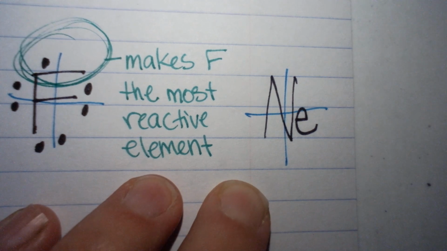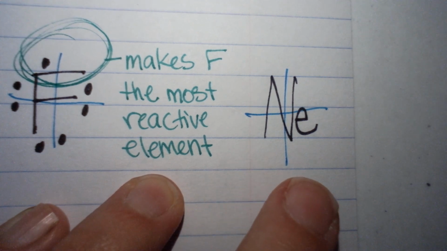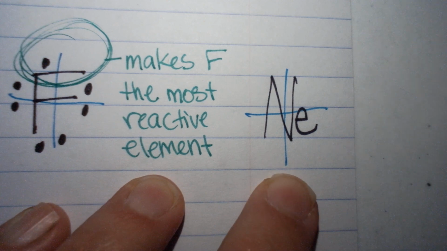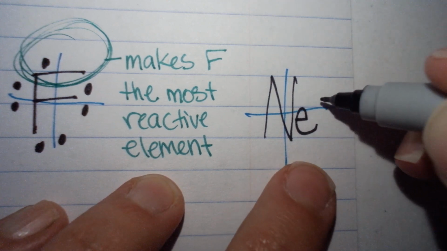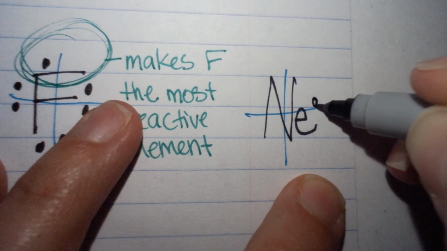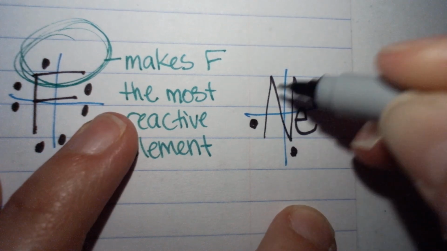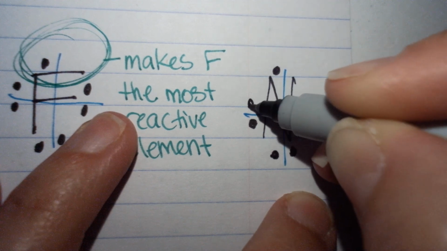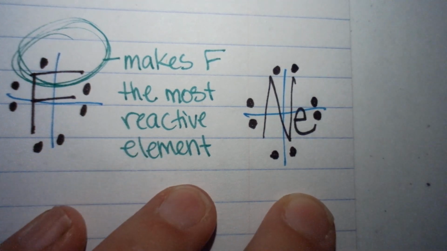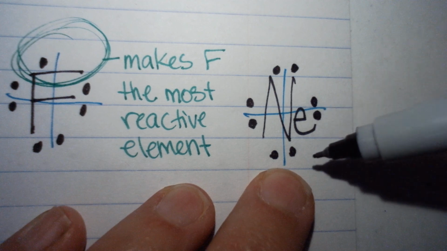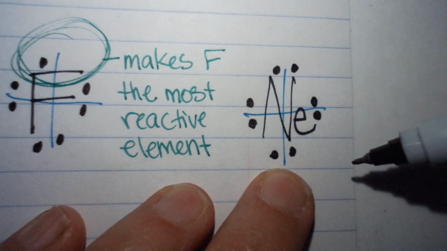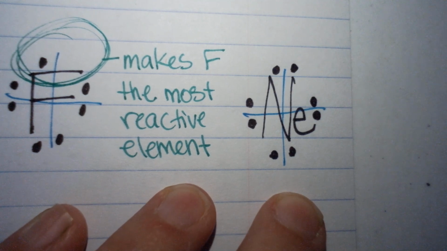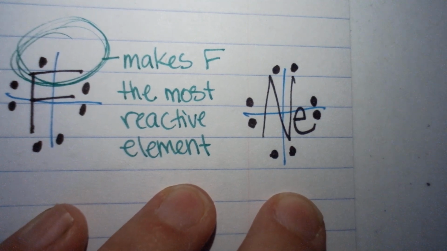So how many valence electrons does neon have? 8. It has 8. Okay, so if we start to seat them, we're going to say 1, 2, 3, 4, 5, 6, 7, 8. Does neon have any lonely electrons? No. So this is why neon does not react at all.